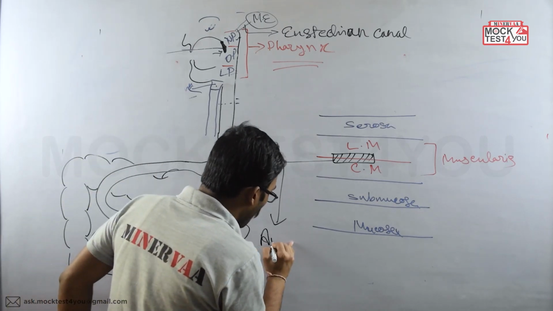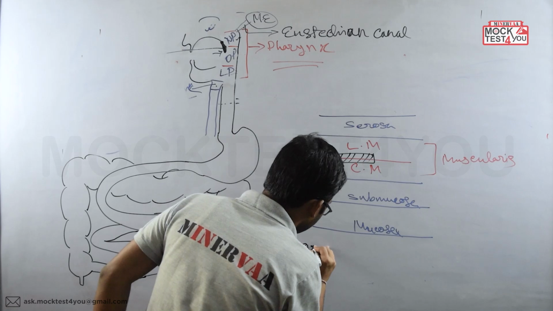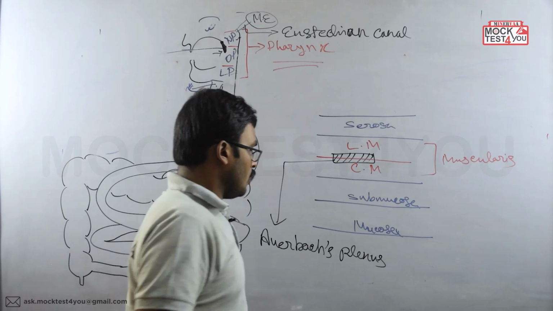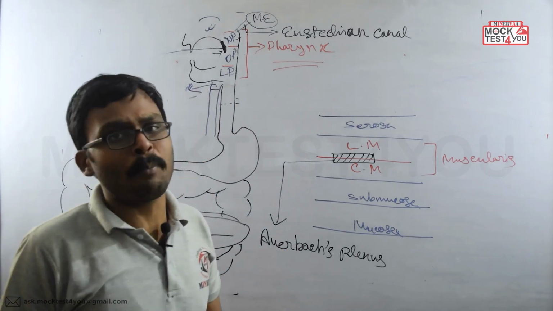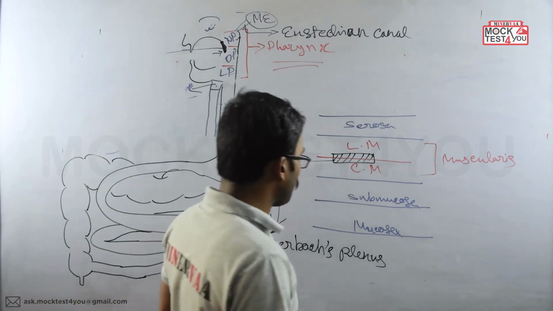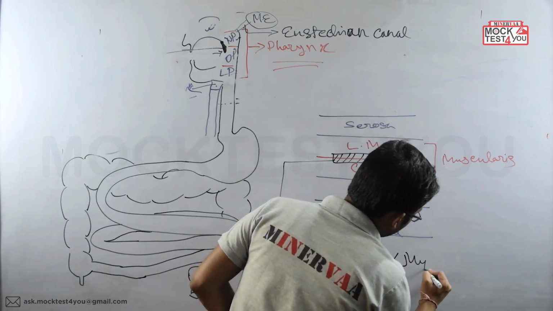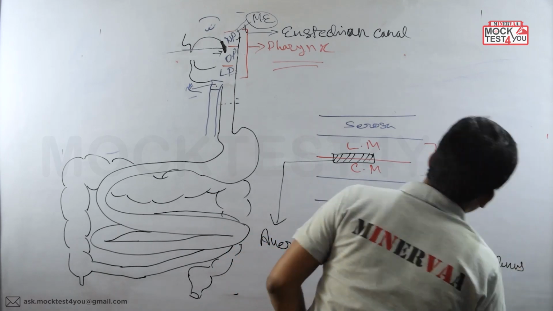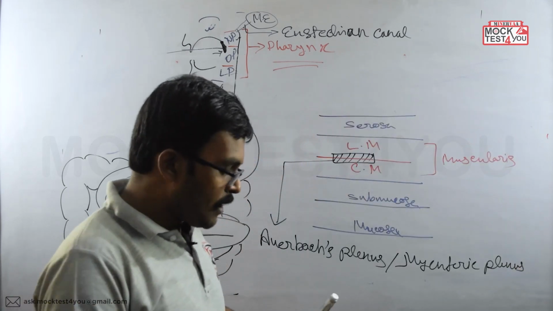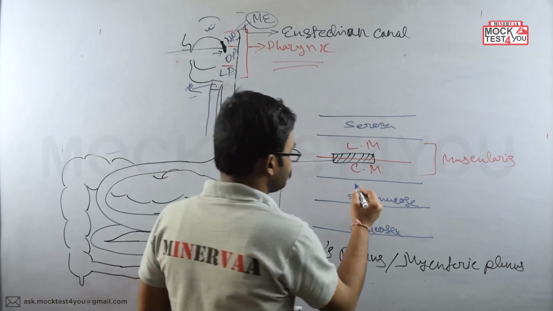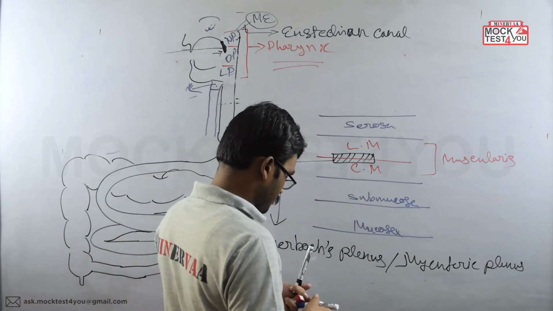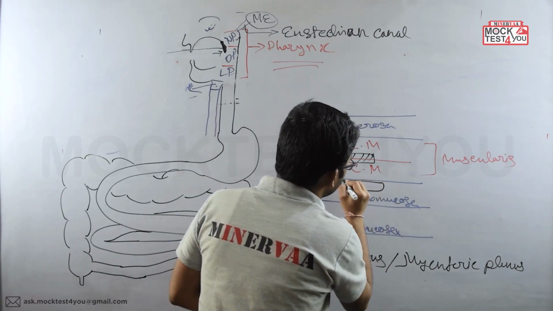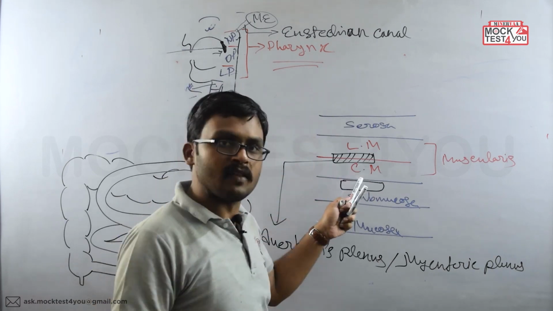Auerbach's plexus or net, or it is also called the myenteric plexus, okay. And remember, one more plexus is present here, at the submucosa, just below the circular muscle.